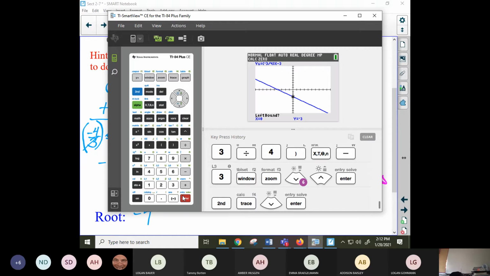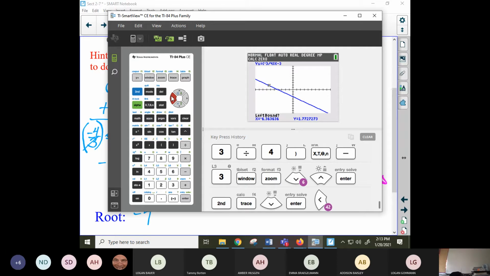Now, you're going to have a flashing cursor, and you want that cursor to be to the left of where your line crosses the x-axis at -4 there. So I'm going to use my left arrow key to move my cursor so that it is to the left of x equals -4. Now, if yours is not moving on the line, if it's moving on an axis or something like that, what that means is you didn't hit second trace.